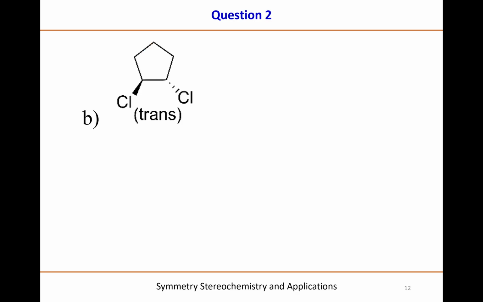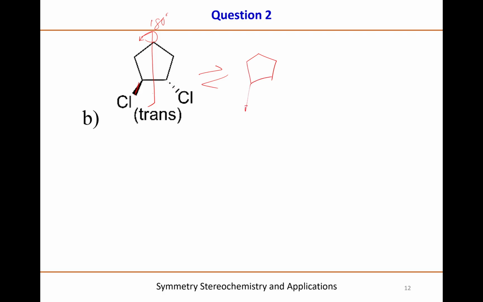The next one is here. Now you can see that if I pass the plane from here, these two sides are not the same. This is on a wedge bond, this is a dash bond. So these are not the same, correct? But if I rotate it by 180 degrees on the same axis, it gives the same molecule, indistinguishable from the original.